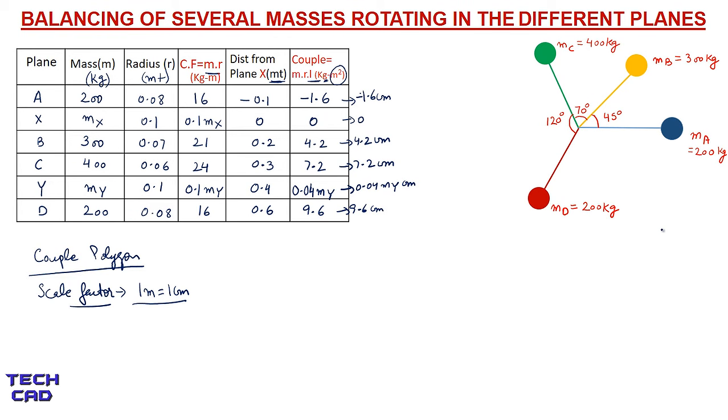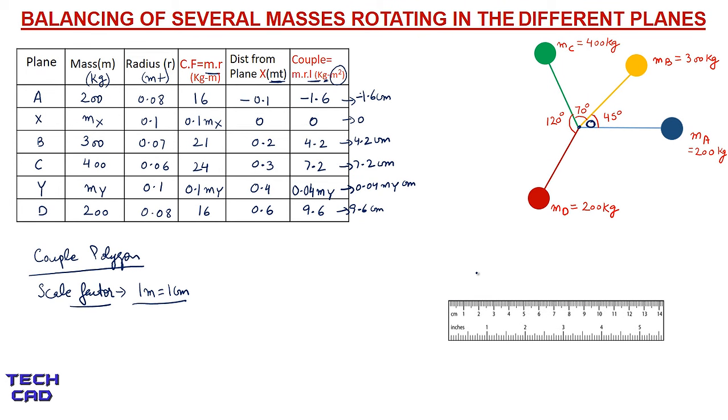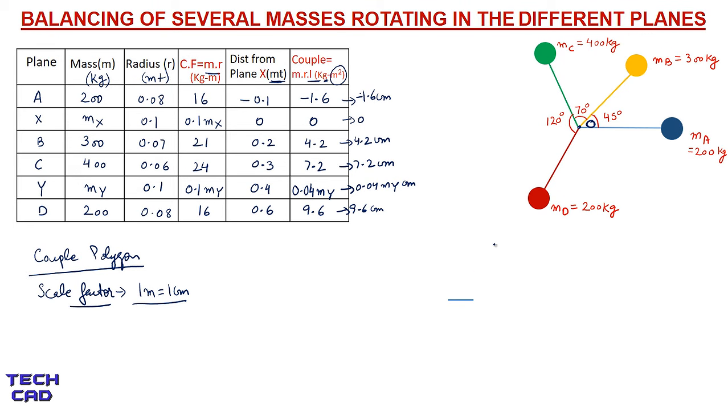Now let's start making the couple polygon. For the couple polygon, you have to take a scale and draw a line parallel to your first mass, which is MA, and consider this center point as O and make a parallel line over here. The magnitude of the parallel line should be 1.6 centimeter. So this is a 1.6 centimeter line, and we will call it O dash and A dash.